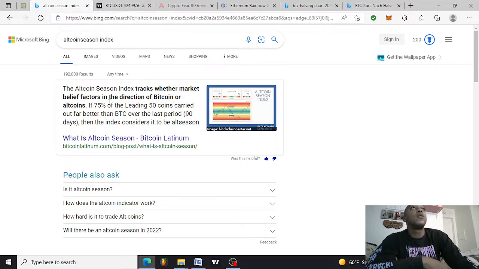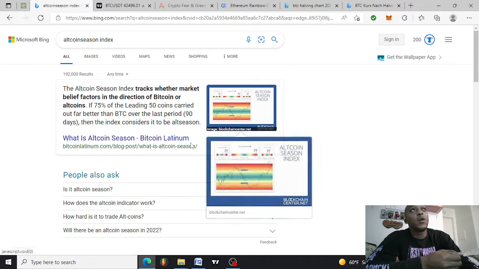Alright, the altcoin season index tracks whether the market is favoring Bitcoin or altcoins. If 75% of the leading 50 coins performed better than Bitcoin over the past 90 days, then the index indicates it to be an altcoin season.